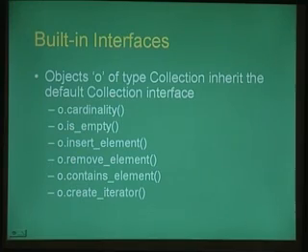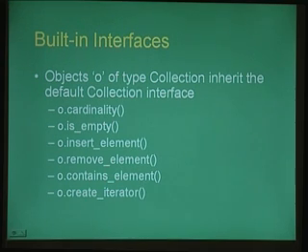A collection is another derived class, or a subclass of the object class, which defines a collection of different objects. That is, a collection class can have a set of different objects, and the collection class also defines a number of methods, like cardinality of a collection, is empty, which checks whether the collection is null or empty.